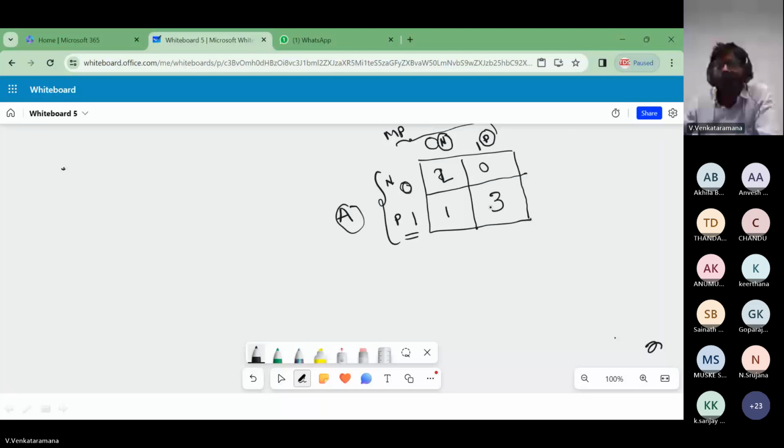No. I will say, my voice is not audible. So I will show this cell once again. I'm asking about this one.